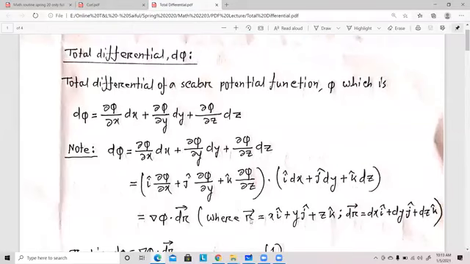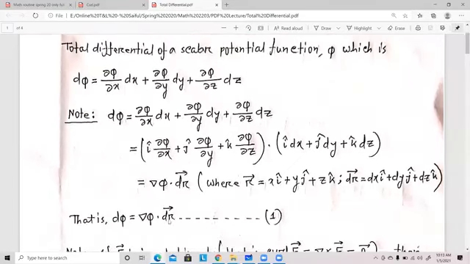We know r is the position vector, and r is xi plus yj plus zk. If r is this, then dr is dx i plus dy j plus dz k. So the second part, i dx plus j dy plus k dz, is nothing but dr. Okay. So we can write d phi as grad phi dot dr.